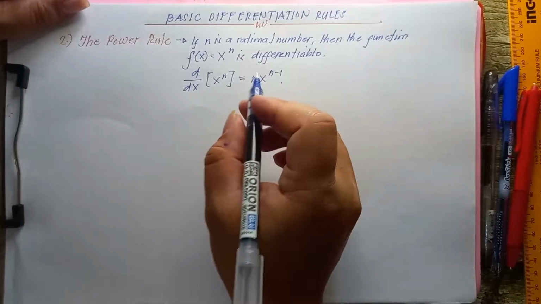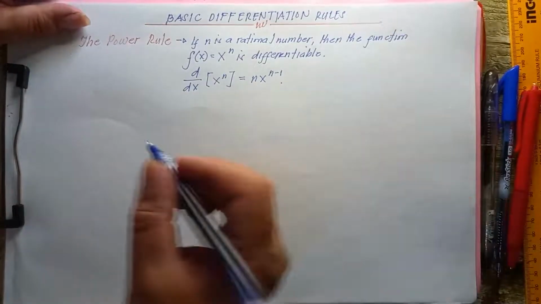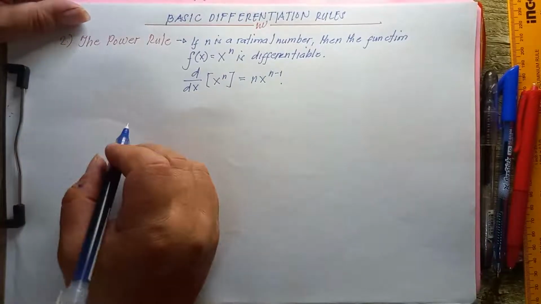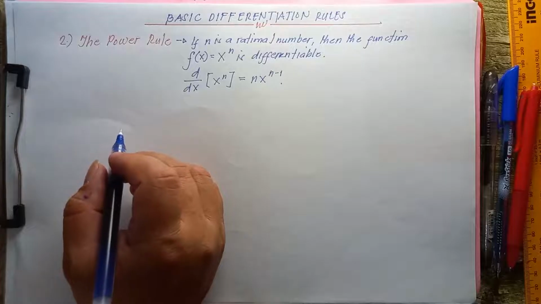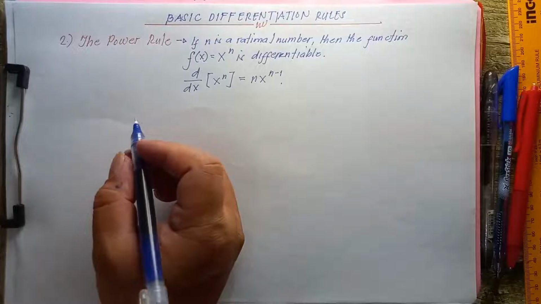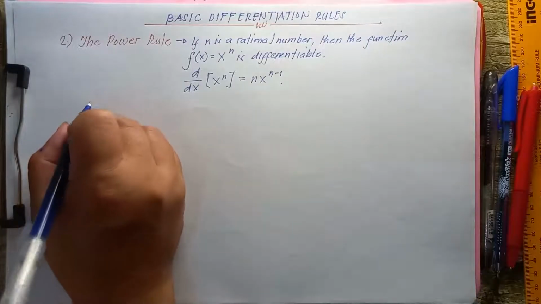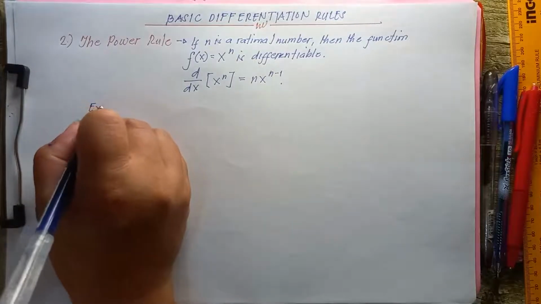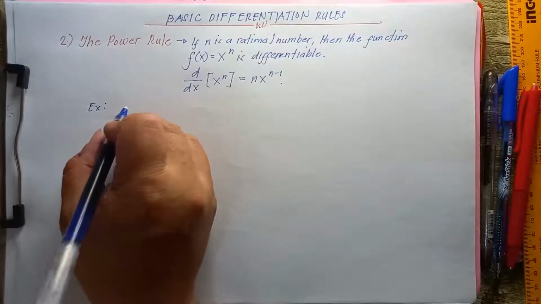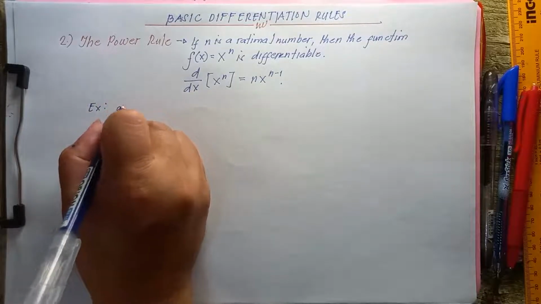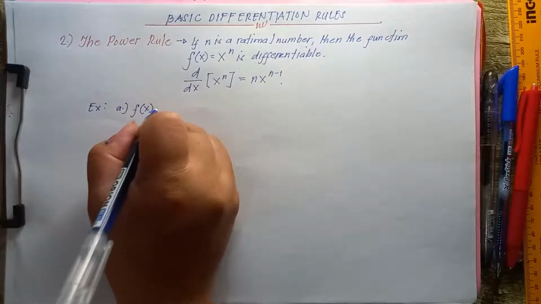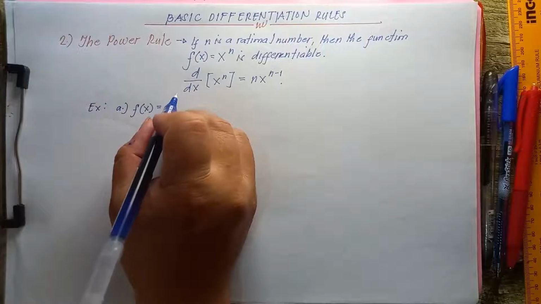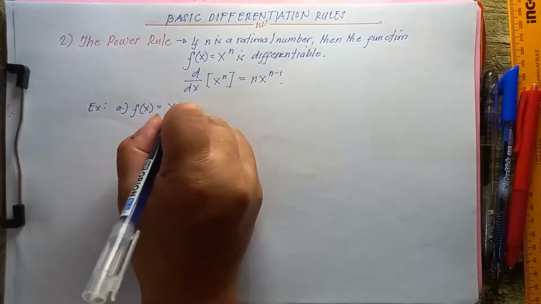Now, how do we apply this one? To understand this rule, may we take a look at some applications. So we have here an example, letter A: f of x is defined to be x raised to 3.